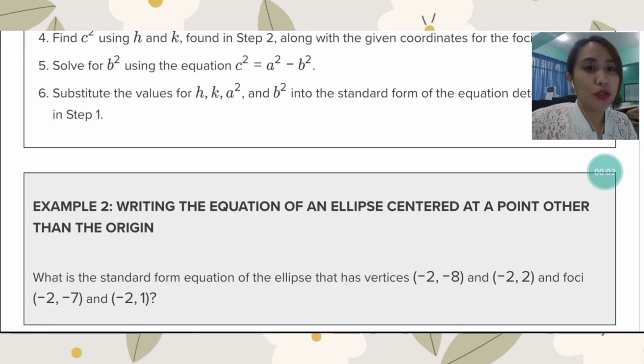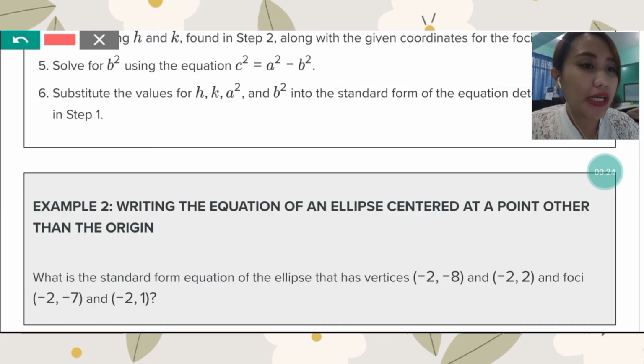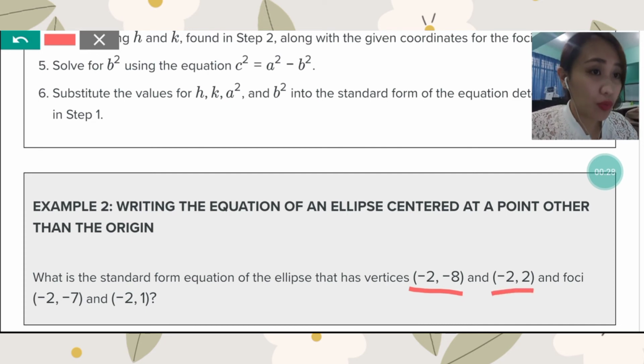Now let's have an example. Example number 2, writing the equation of an ellipse centered at a point other than the origin, meaning the center of this ellipse is not at the origin. The question is, what is the standard form equation of the ellipse that has vertices (-2, -8) and (-2, 2)?